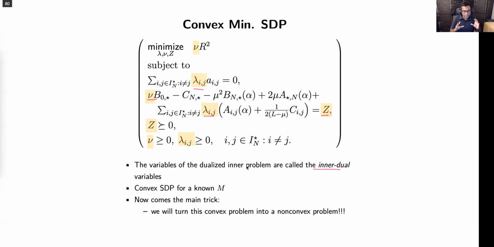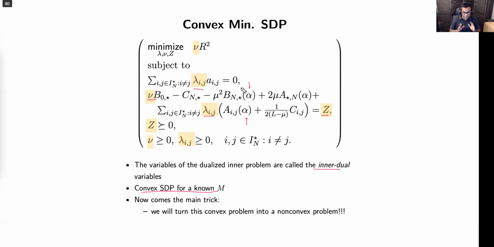It means that they are the dual variables of the inner problem. What is interesting is that it is a convex SDP for a known method. If we know the method, then alpha is known, and everything is convex, and this is a convex SDP that is reasonably easy to solve.